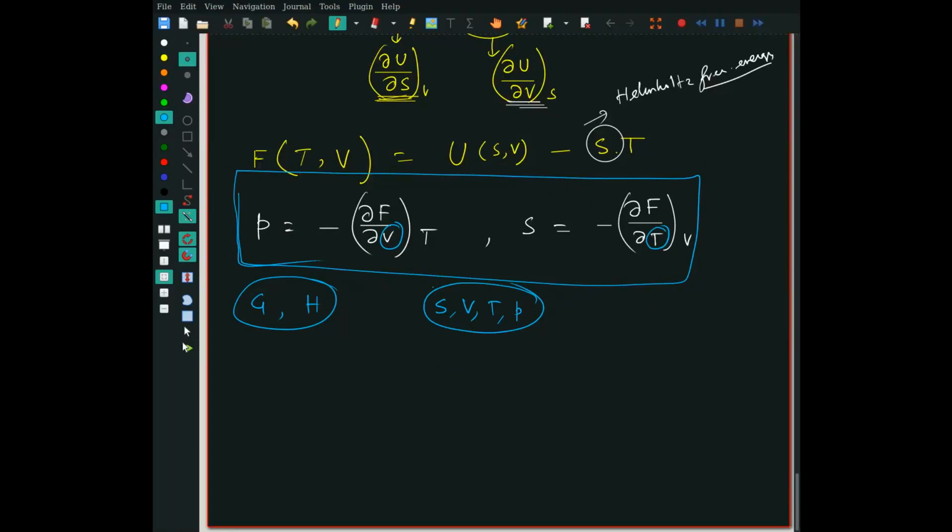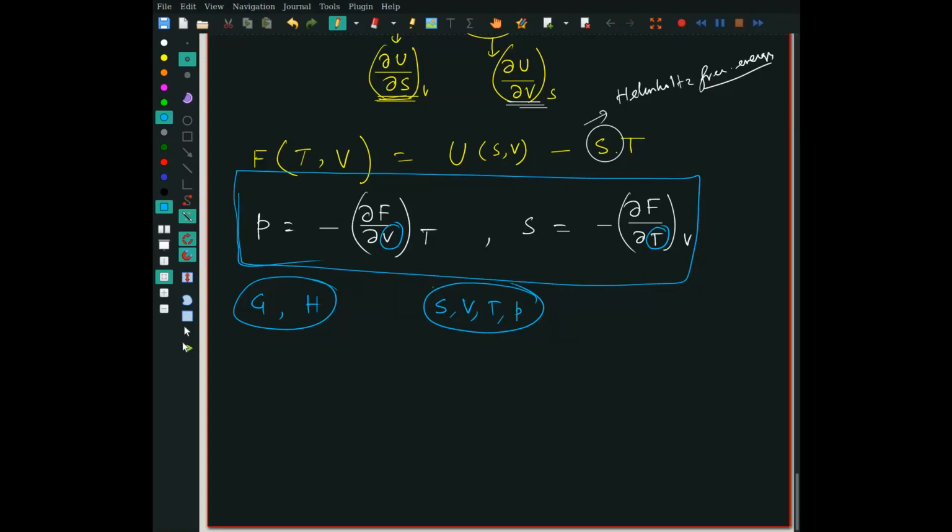Depending on the thermodynamic processes that you are considering, sometimes your volume is constant; your pressure is constant when it is an isobaric process; perhaps in an isothermal process, the temperature is constant.